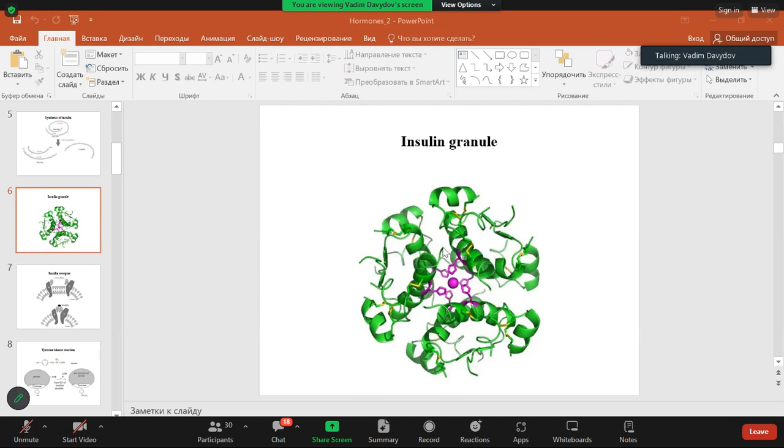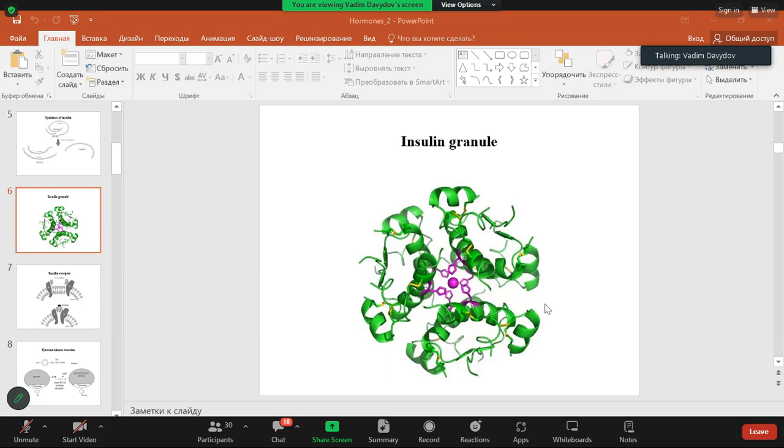In other words, stimulation of the sympathetic nervous system, stimulation of production of epinephrine, brings to decreased secretion of insulin. On the other side, stimulation of the parasympathetic nervous system brings to activation and increasing secretion of insulin. So that is about regulation, secretion, and production of insulin.